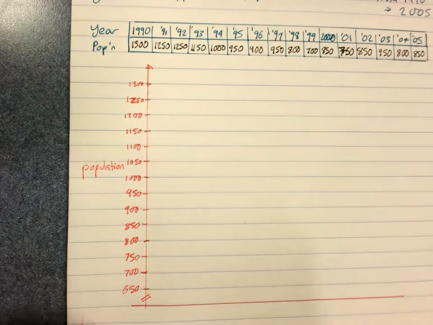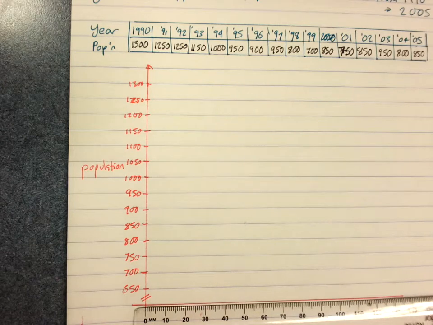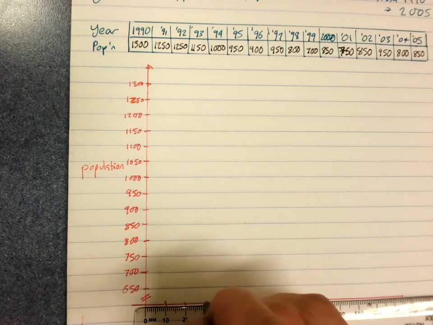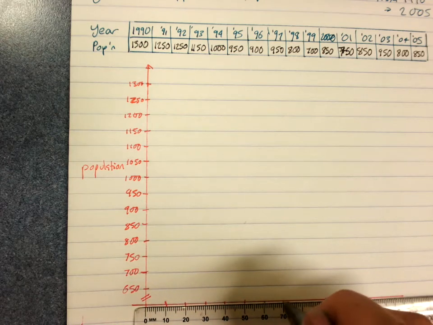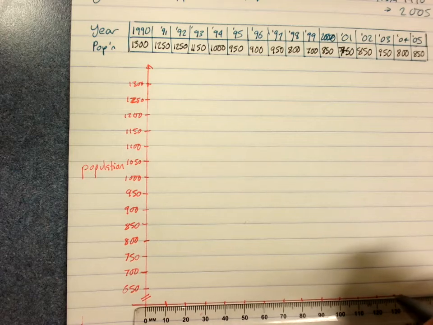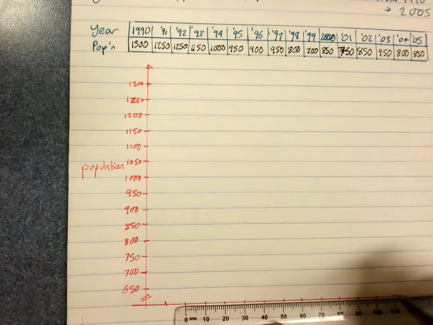Then we evenly space our years. You don't need to go a year out on these, so that first one there will be 1990. What do I need? 2003, 4, 5, I think.